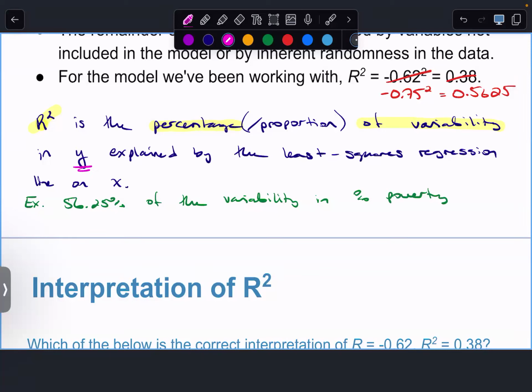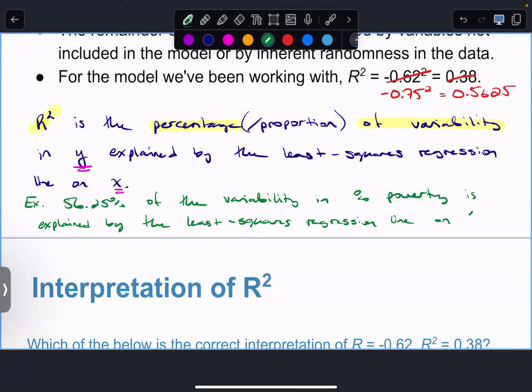Of course, the Y is replaced with what the Y is, and the X is replaced with what the X is.